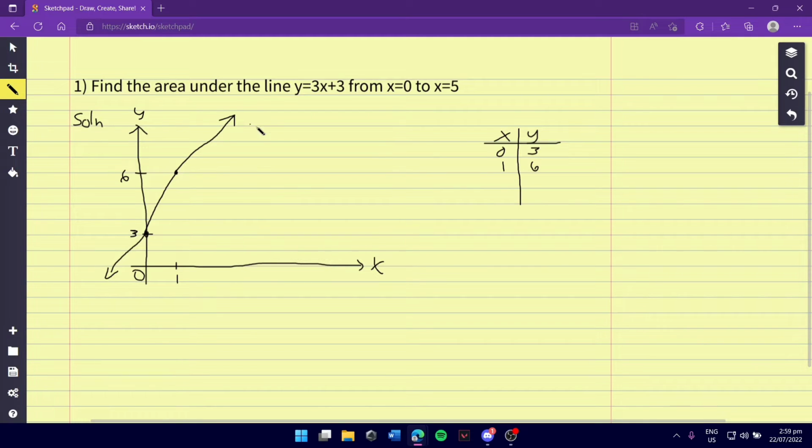This is now your line. So your line here will be y equals 3x plus 3. Next, since it is from 0 to 5, we have our point from 0 to 5. We'll call this here 5. So we will solve for 0 to 5.